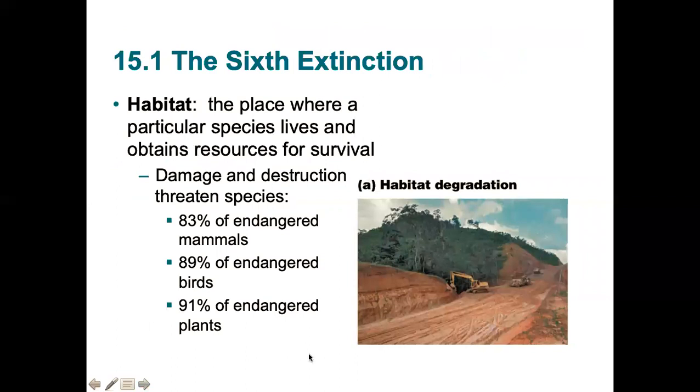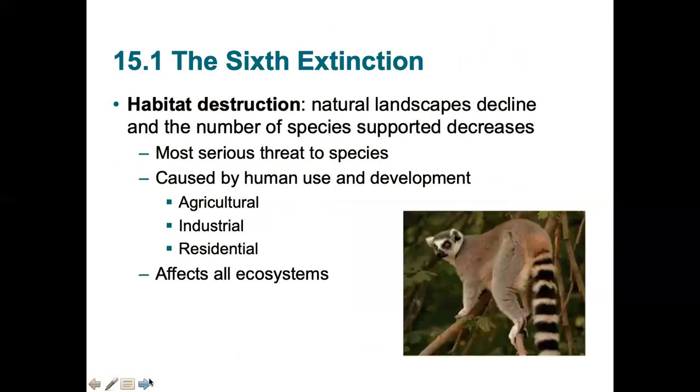So of the ones that are endangered, 83% of mammals, 89% of birds, and 91% of plants are because of loss of habitat, human sprawl. Why are we doing this? Agricultural, industrial, residential, but this is also affecting all the ecosystems.